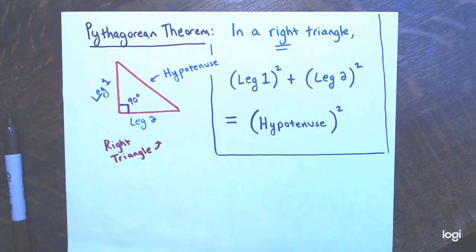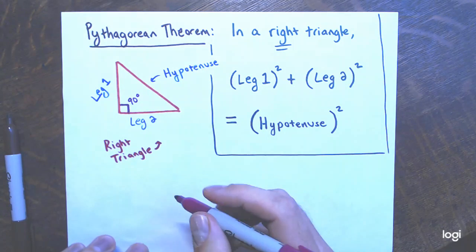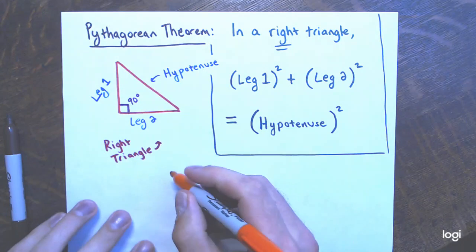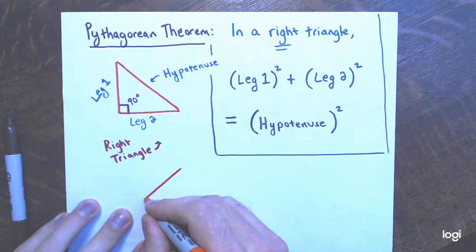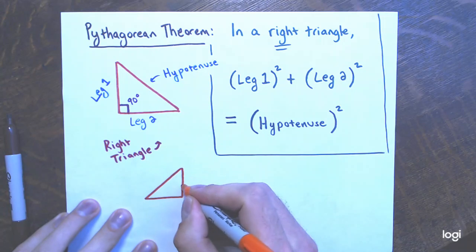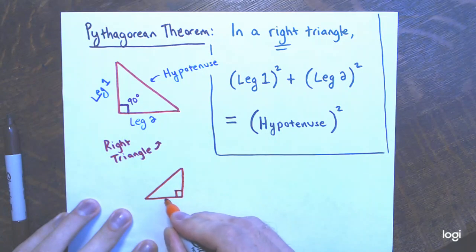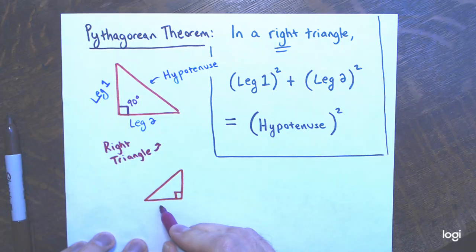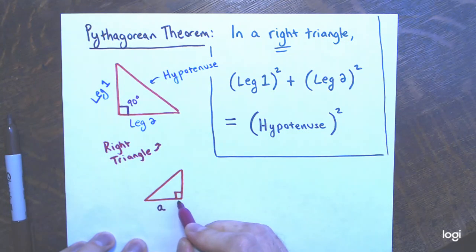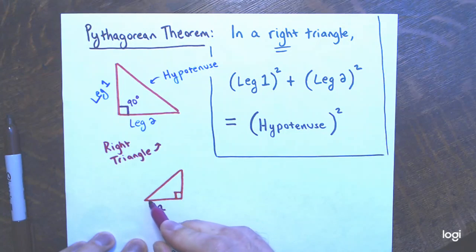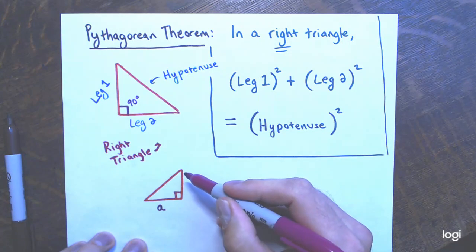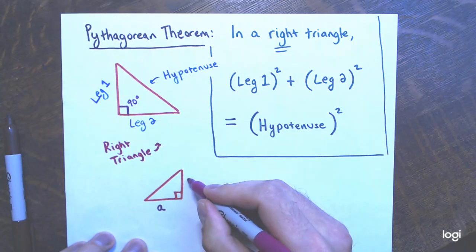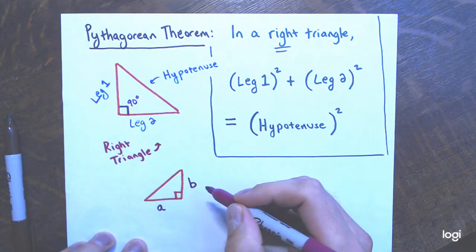All right, and very often you're going to see in texts the lengths of the legs. So here's another right triangle, with the 90-degree angle formed by these two sides. Very often in a lot of textbooks you're going to see the lengths of the legs labeled as a lowercase a. Leg 1 has a length of a units, and the other leg is very often referred to as a lowercase b.